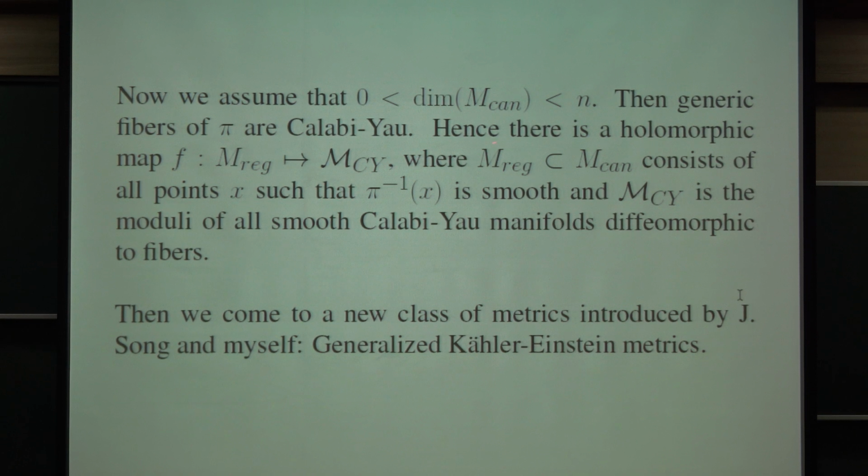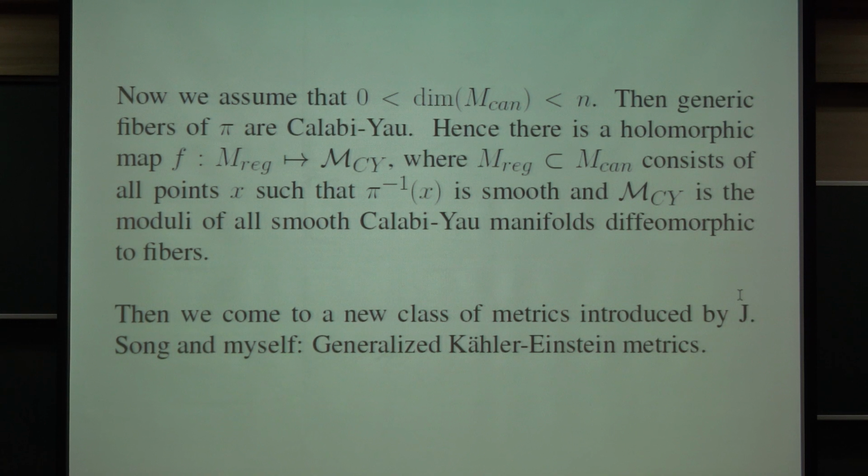That can be easily checked. Then you have a holomorphic map from M regular, where M regular means regular values of this projection pi, into the moduli space of Calabi-Yau, diffeomorphic to the type of fibers.